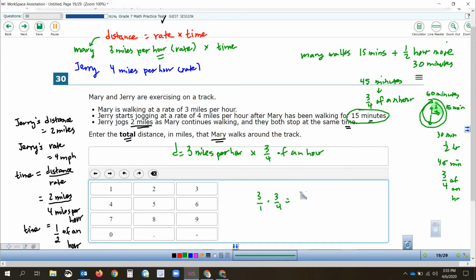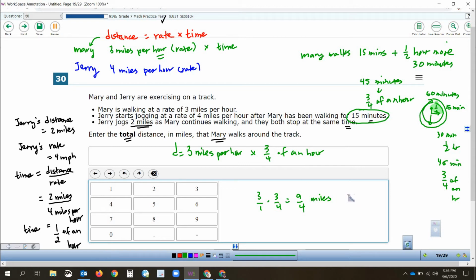And what do we get? We get 9/4. 9/4 what? 9/4 miles. Because she goes 3 miles per hour. Distance is equal to rate times time. 3 miles per hour times 3/4 of an hour is 9/4 miles.